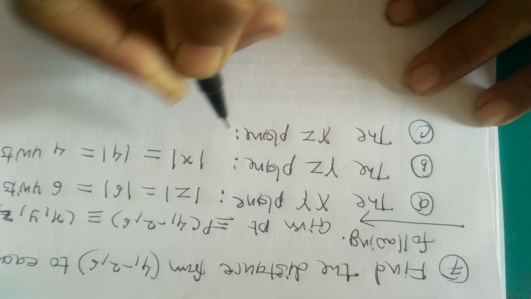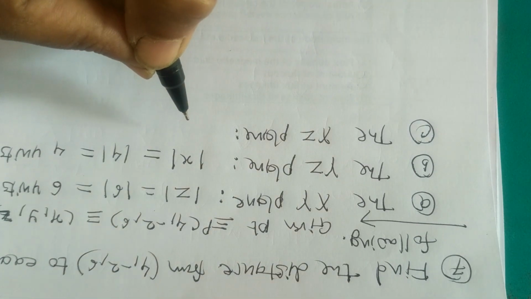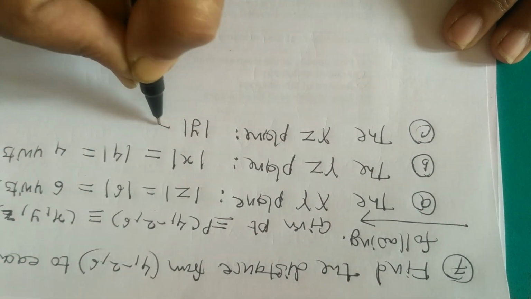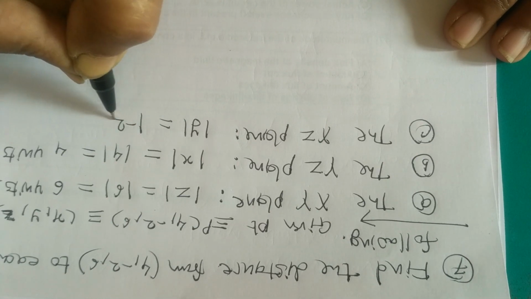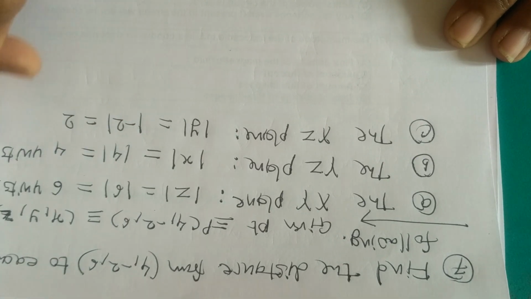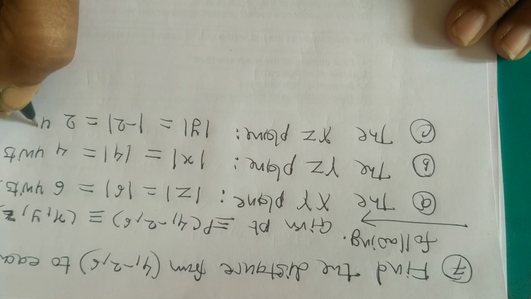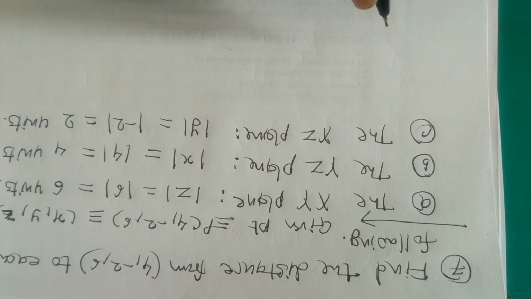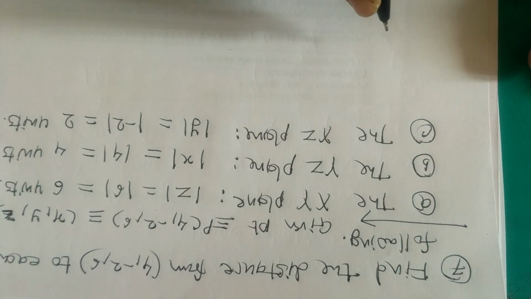For this plane, the distance of the point from the xz plane is nothing but its y coordinate, so we take the modulus of y, that is mod of -2, but distance is positive, so we take its modulus value positive, means 2 units.